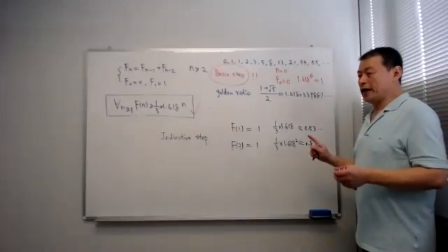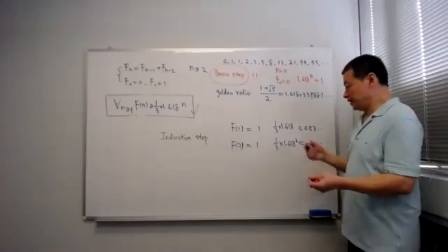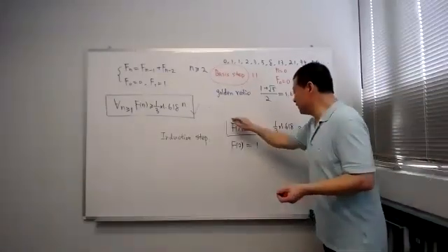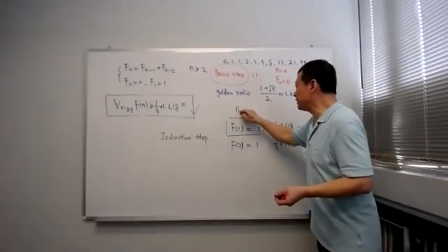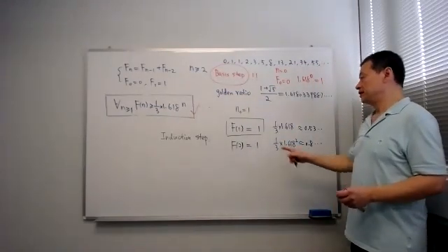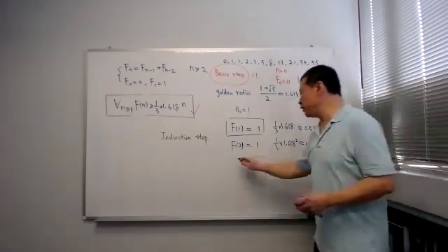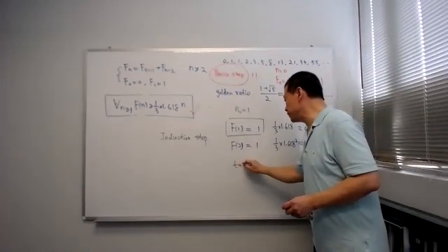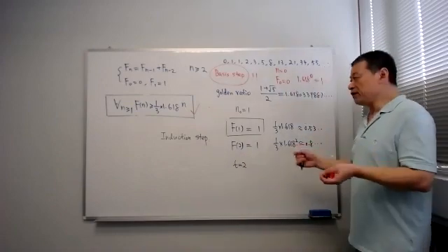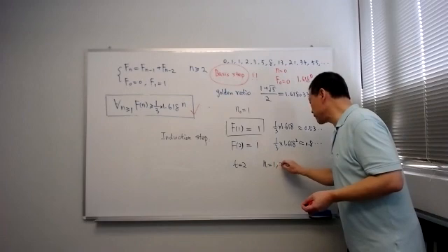So for the initial one, the basis step, we can see that it holds for n naught. So here n naught is 1. But is this good enough? Actually, in this case, when t equals 2, we need to verify it for both n equal 1 and 2.